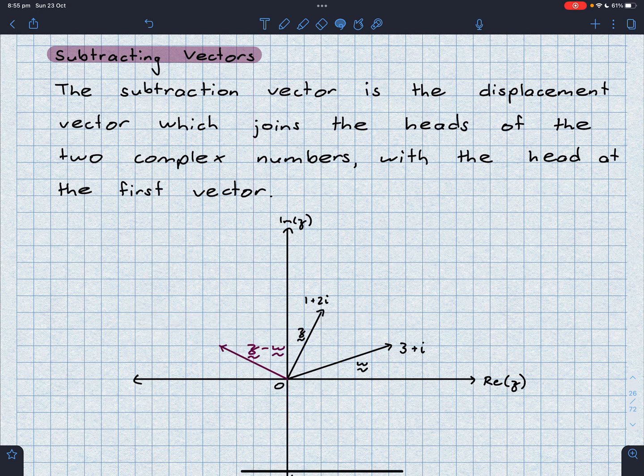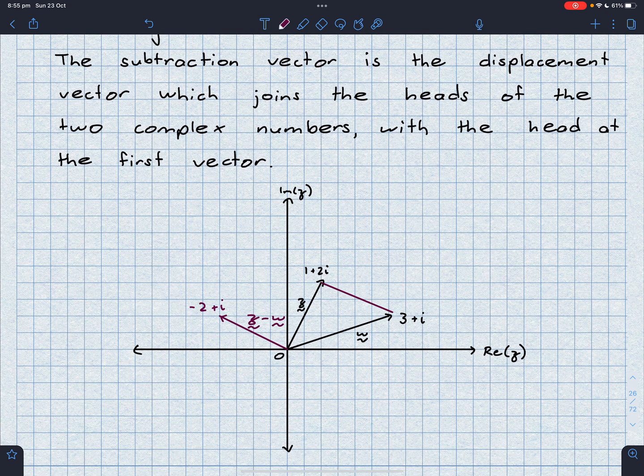So now it's a position vector. And if I look at my values, 1 plus 2i take away 3 plus i, it's going to give me 1 take away 3 is minus 2, and 2i take away i is plus i. And you can see that that is where that complex number is meant to be if I was just graphing minus 2 plus i.